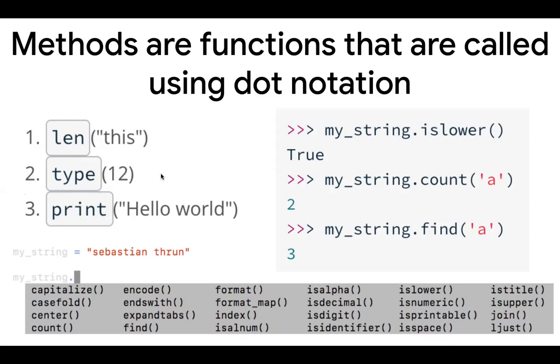And methods are functions that are called using dot notation. So this is the name of the variable, my string, and the value of this variable. So the value assigned to this variable with the assignment operator is the string. The type of the variable is string, and the value is Sebastian Thron. So this is the name.